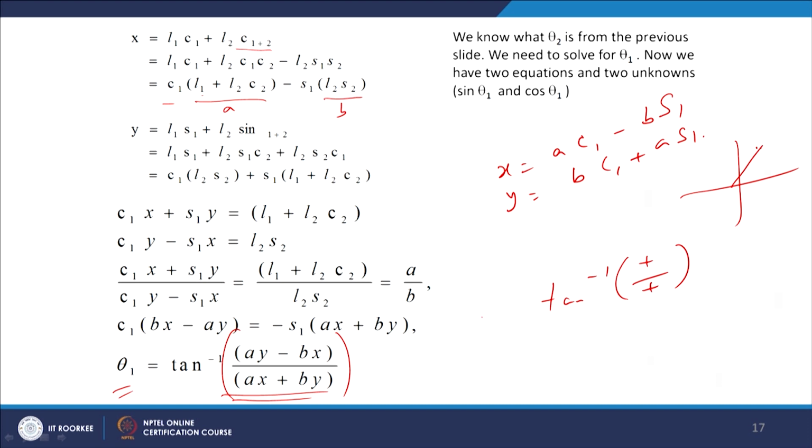It is like tan inverse of y by x, but this y and this x are different; we are simply taking capital Y and capital X to denote the numerator and denominator. So, if capital Y and X are both positive, the angle theta 1 which we obtain is in the first quadrant, that is from 0 to 90.